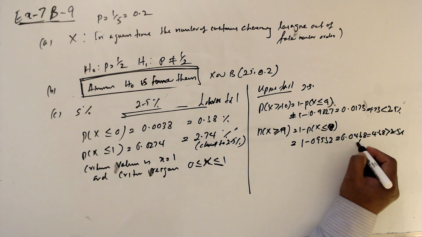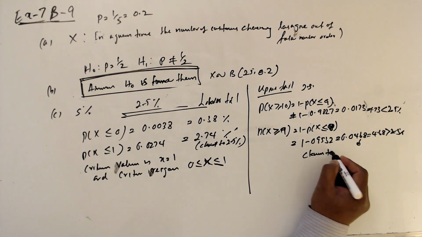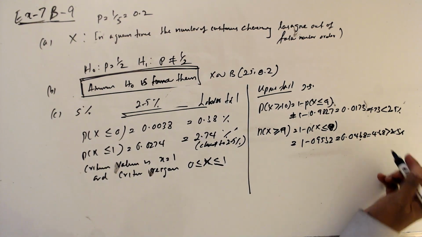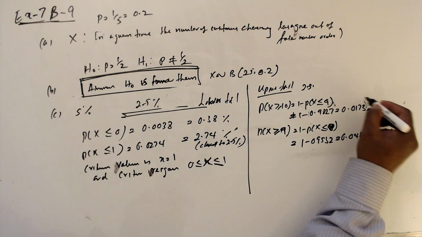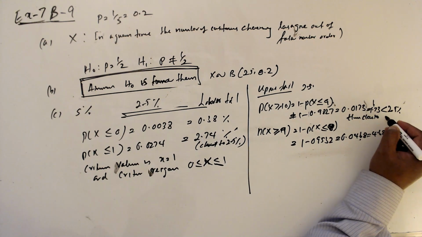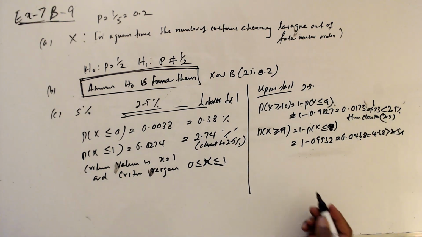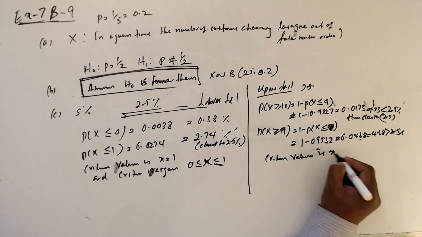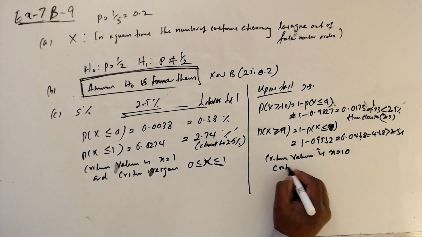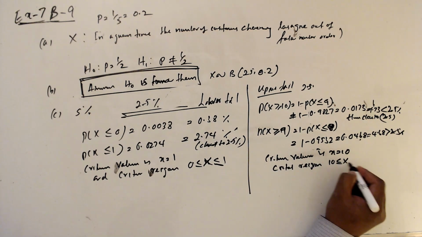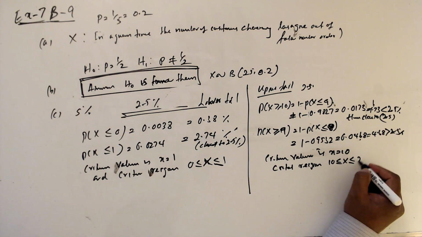So 1.73 is closer to 2.5. Hence the critical value is X equal to 10 and the critical region is 10 less than or equal to X less than or equal to 25.